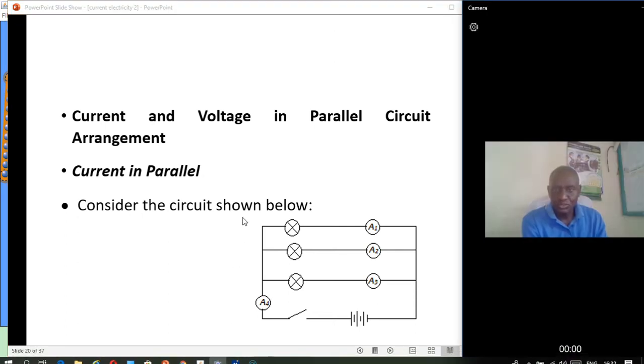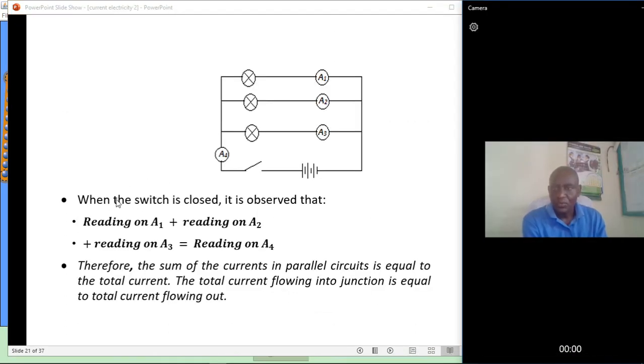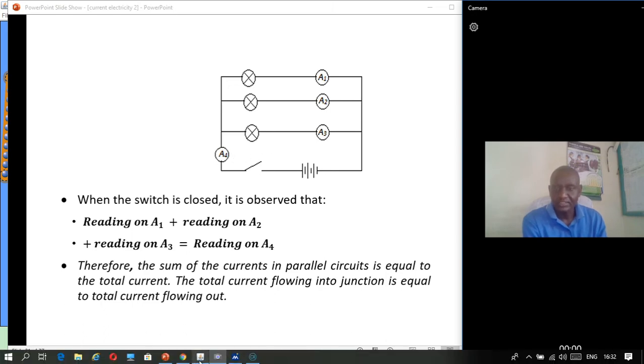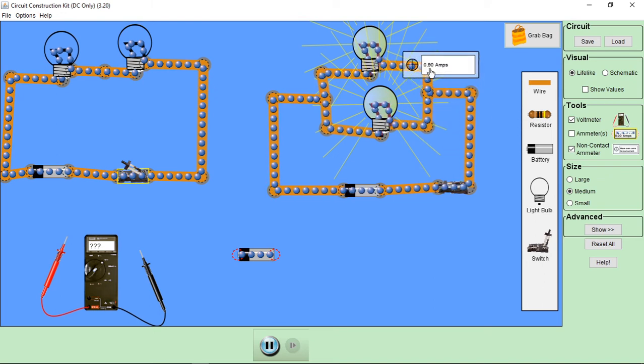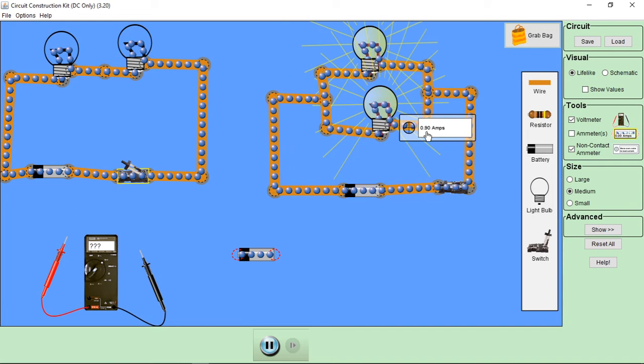When the switch is closed, it is observed that the reading A1 plus reading A2 plus A3 gives the reading at A4. This plus this plus this gives this. So what is the total here? 1.8. Here 0.9, the other side 0.9, total 1.8.